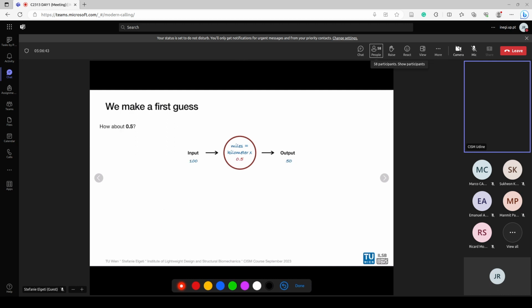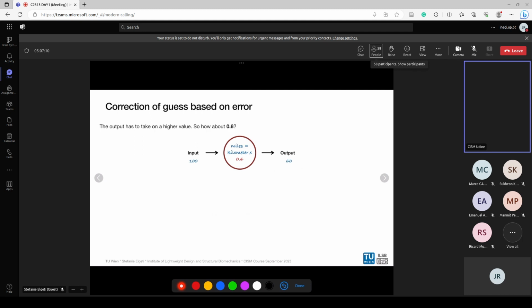So how about 0.5 for the constant? So the input would be 100, which is one of our true examples. Output would be 50. Now we can compare to the correct value that we know from our table, and we can compute the error, which is currently 12.137.